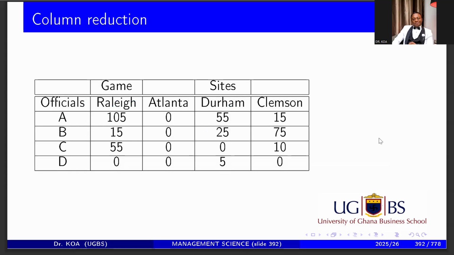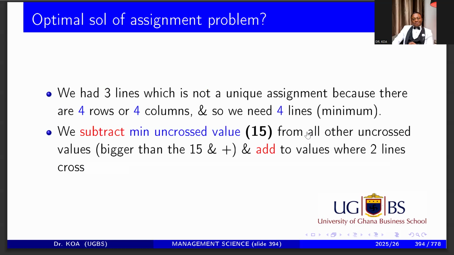But the key point is this. Let me just go back here. It said we subtract the minimum uncrossed value, which is 15 in our case, from all other uncrossed values that are bigger than the 15. So if you are bigger than the 15, we will subtract it from you.